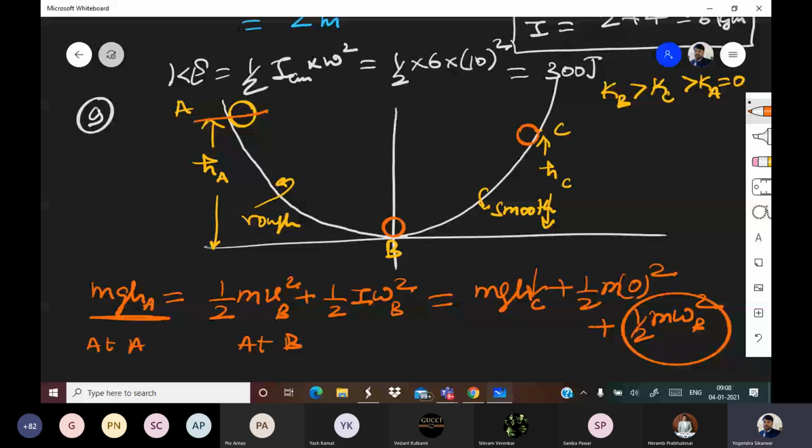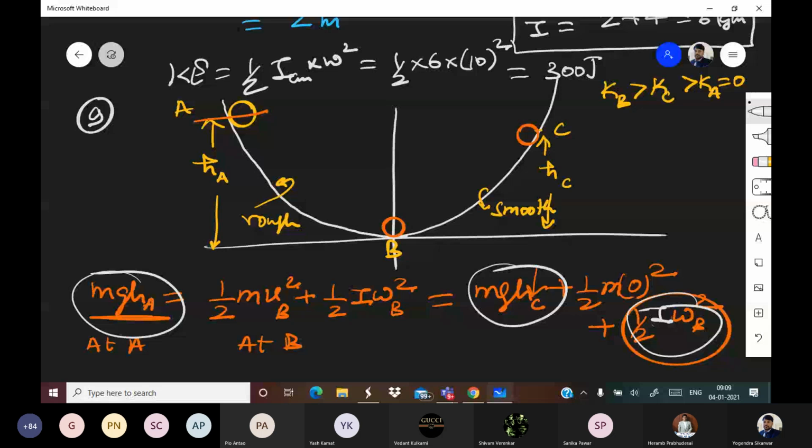It is asking, sir, is it half I omega square? Yeah, it is half I omega square. M is not there, I is there. Okay. All right. Understood? Any doubt, any question? Okay, ask next question.